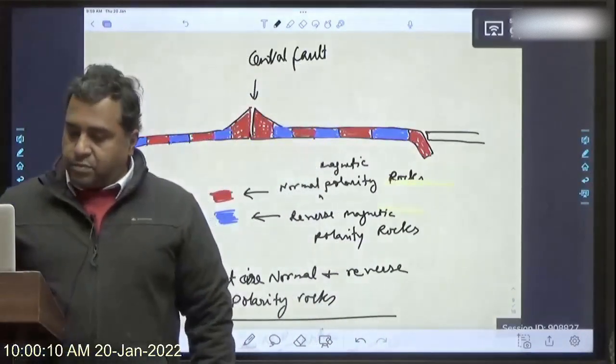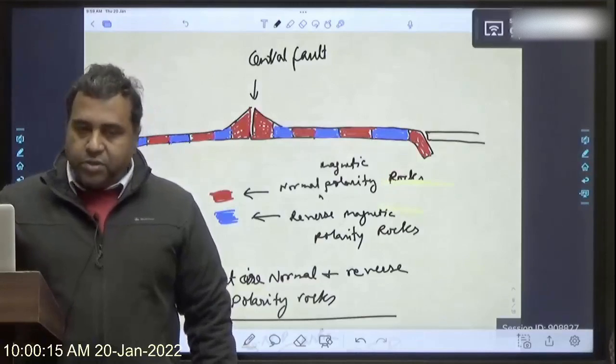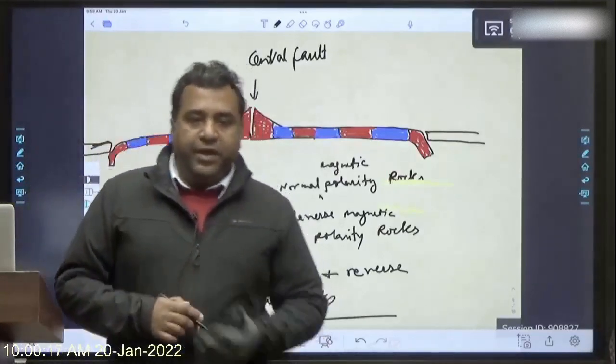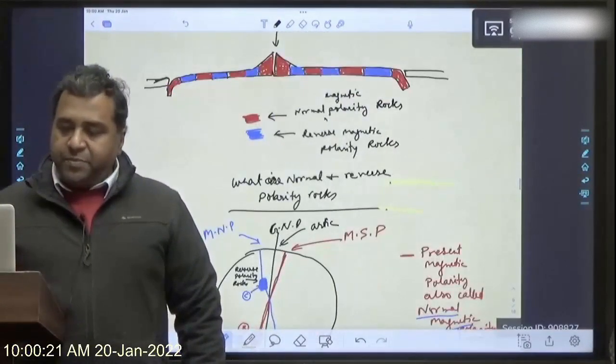Okay, good enough. So these are all the observations that we had with respect to the seafloor. Clear? Right? Now, next. So once we understand this, then you can write next paragraph.